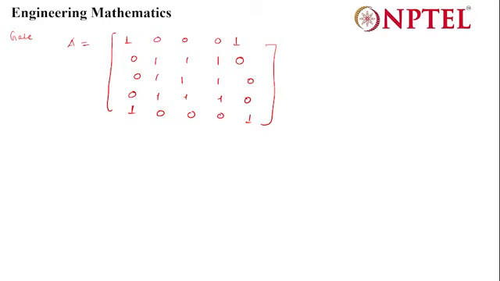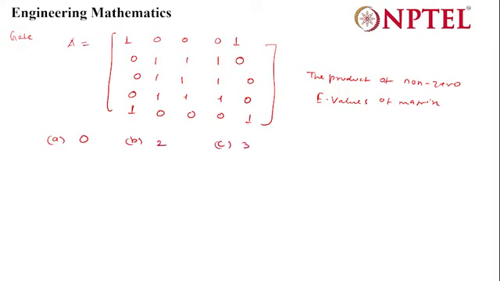They are asking what will be the product of non-zero eigenvalues of this matrix. Your options are A 0, B 2, C 3 and D 6. Okay, try to solve this question.